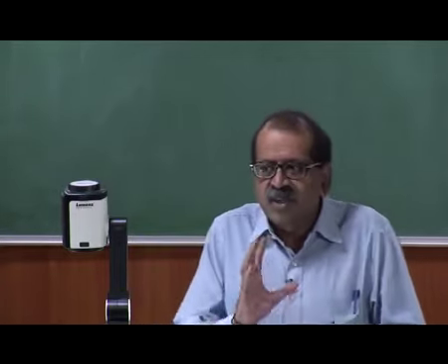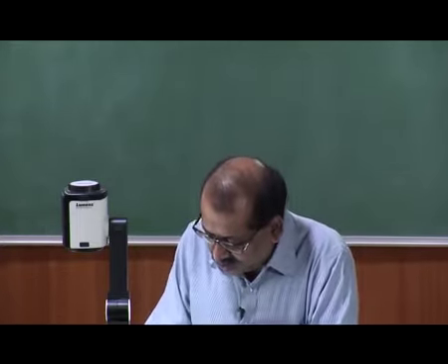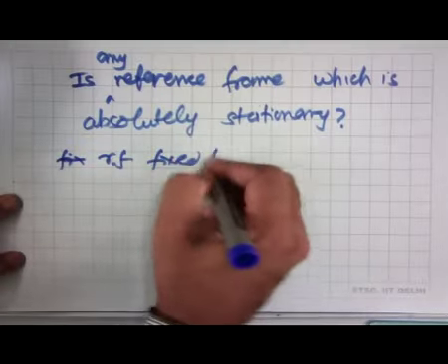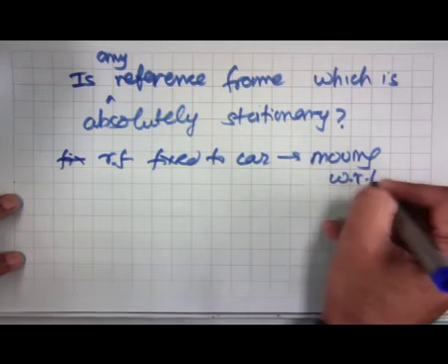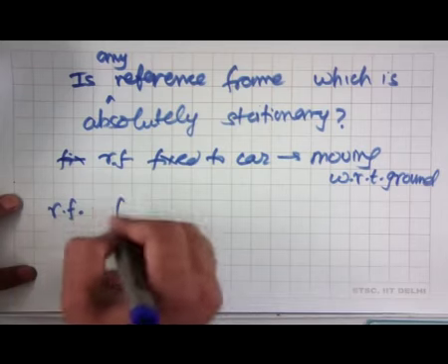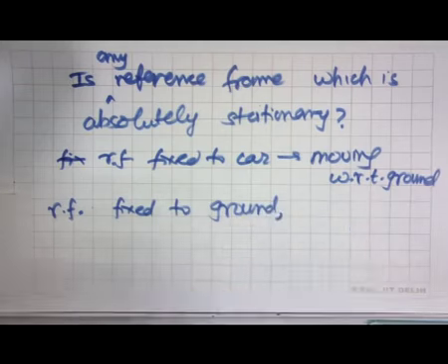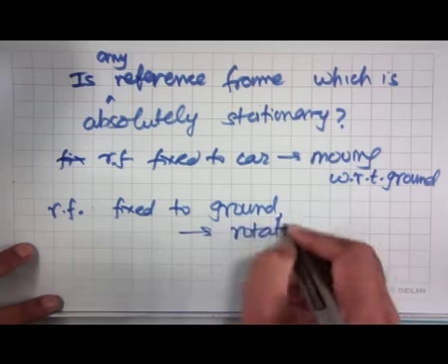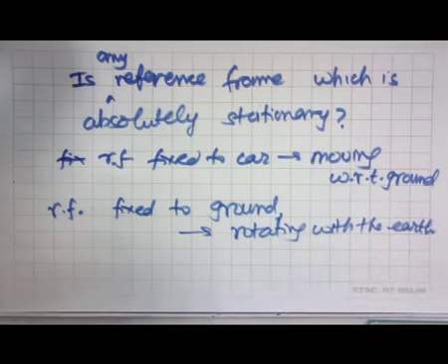if you see, the earth itself is rotating about its own axis. So, therefore, if we see a reference frame fixed to car, this is moving with respect to ground. Now, I take a reference frame which is fixed to earth or fixed to the ground. Then, in an absolute sense, this reference frame is rotating with the earth.